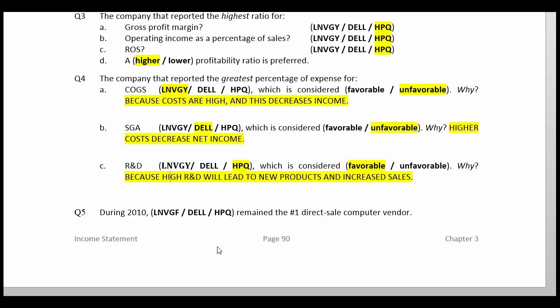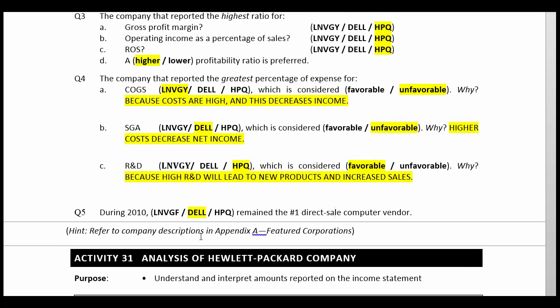And which company remained the number one direct sale computer vendor? It's actually Dell. If you look it up in the appendix, refer to Appendix A, it is actually Dell.